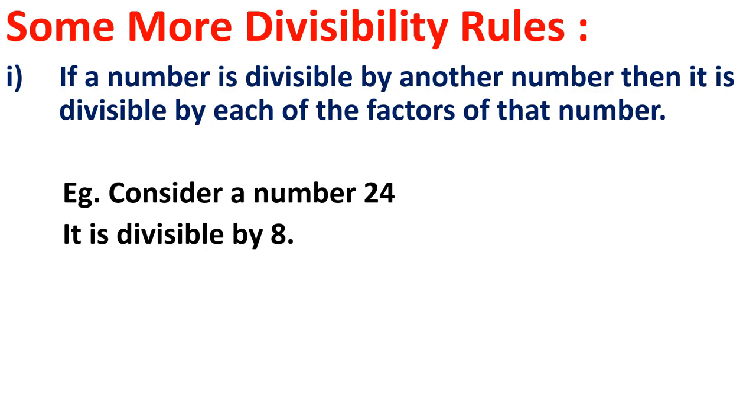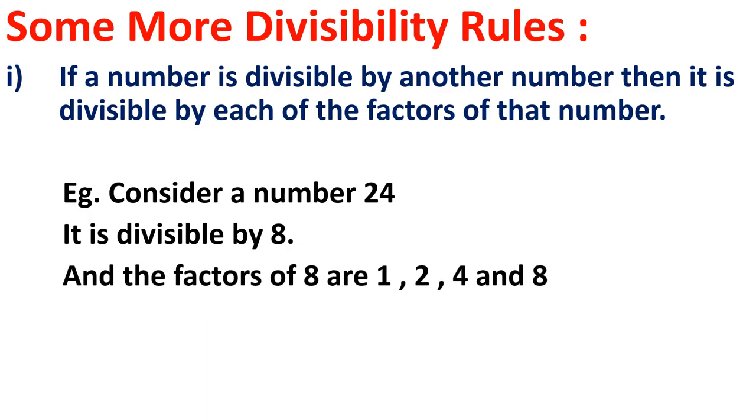If it is possible to divide 24 by 8 completely, leaving no remainder, then it is possible to divide 24 completely by all the factors of 8 also.